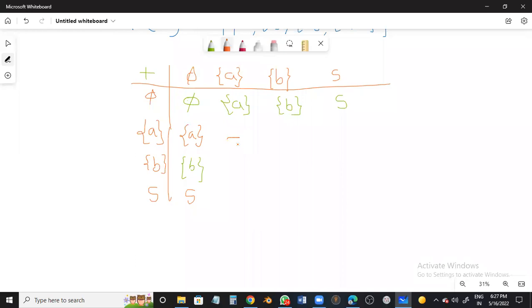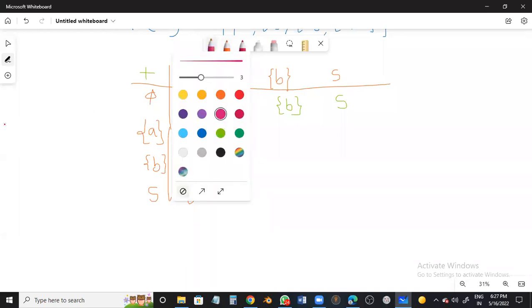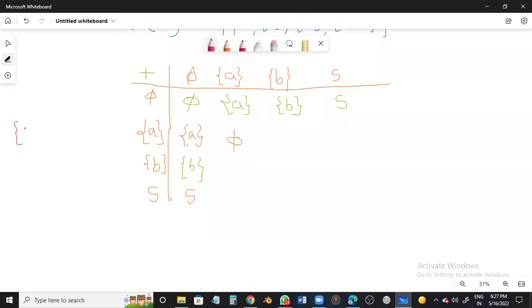So this has to be empty. Do you agree? Singleton A union itself is singleton A, and from that we are subtracting their intersection. The intersection is also singleton A. So the same set subtracted from itself. What is left? Empty set.